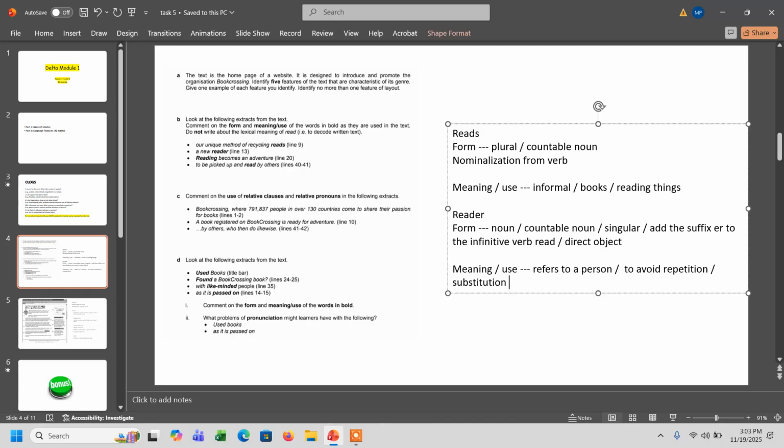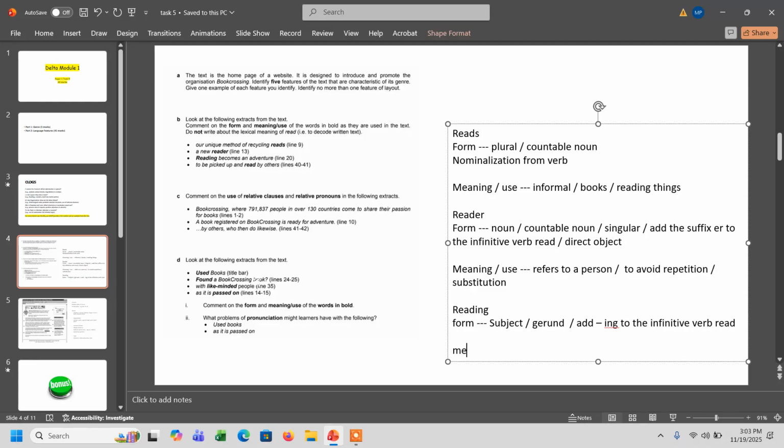Sorry. Okay, another one is reading, from line number 20. Reading becomes an adventure. So it is clear that this is the subject. And reading is a gerund, adding ing to the infinitive verb read.